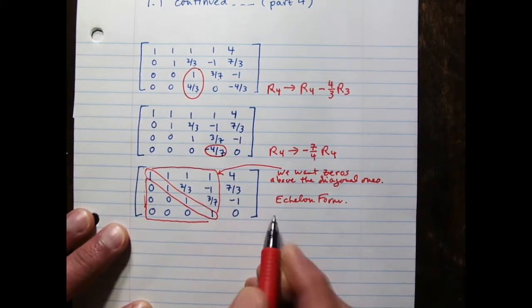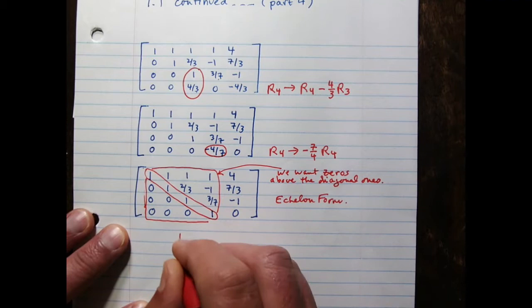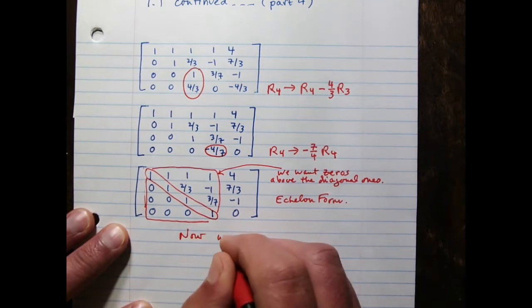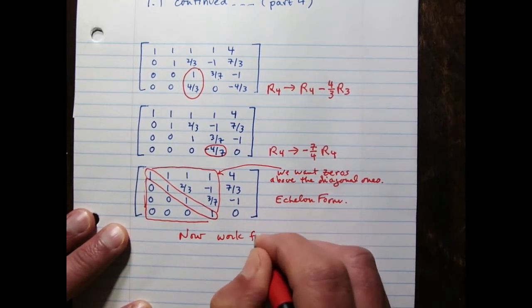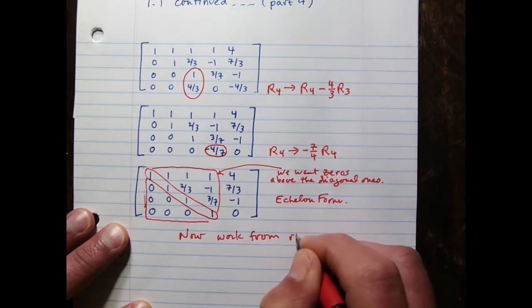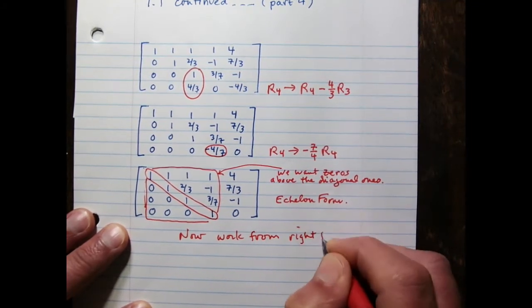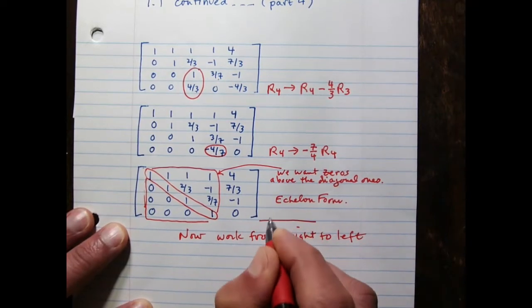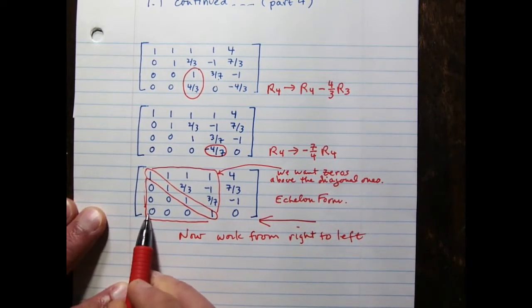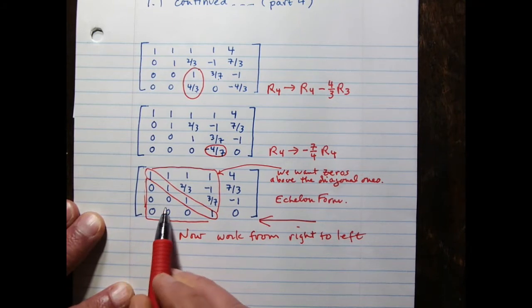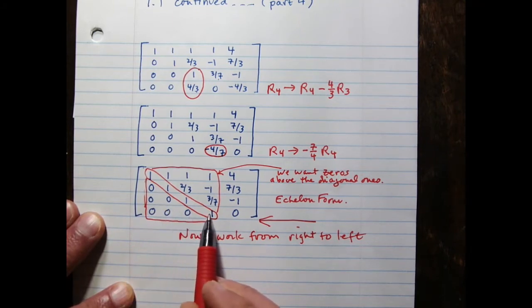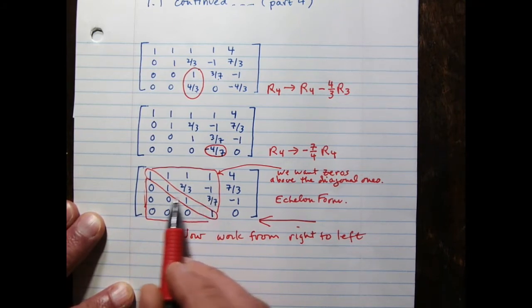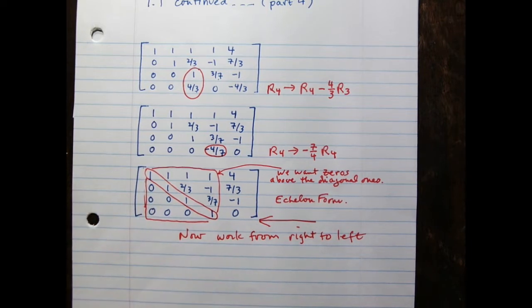And to carry this out, we're going to work from right to left through the columns. We're actually going to go back this way. We started on the leftmost column and worked our way over to the 4th column. Now we're going to start at the 4th column and work our way backwards.